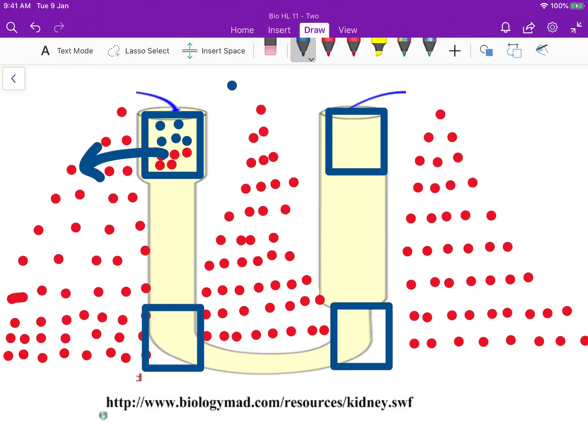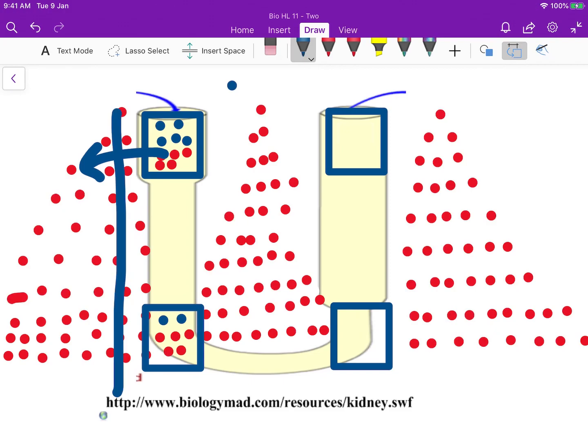But this region here was impermeable. There was a barrier. The descending limb was impermeable to salt. So the salt couldn't move, but the water could. So let's take some water out, but all of our salt remains.